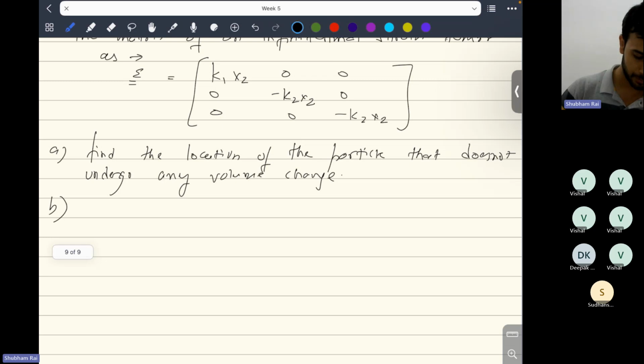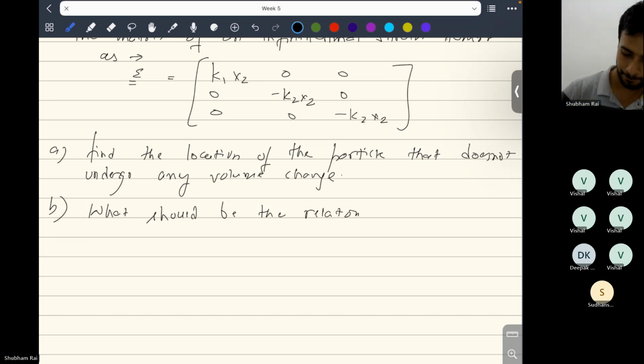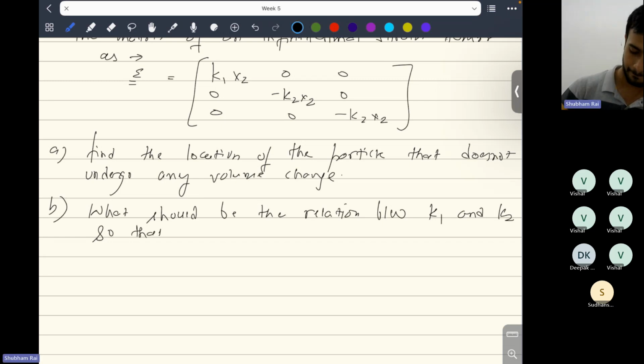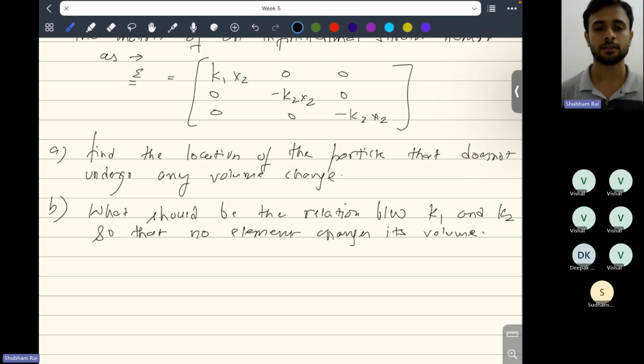Okay, and part B, you have to find what should be the relation between K1 and K2 so that no element changes its volume. So first, you have to find the location of the particle that does not undergo any volume change.